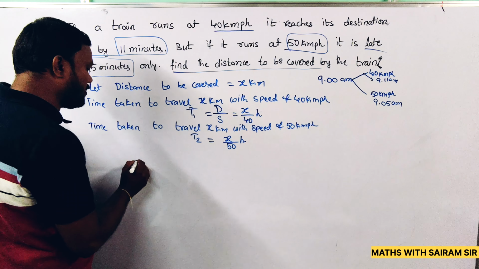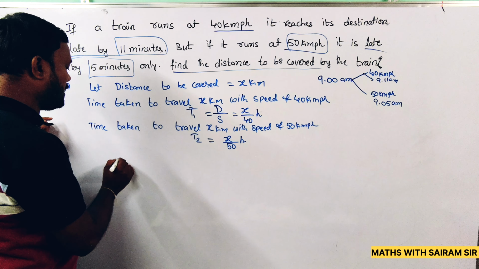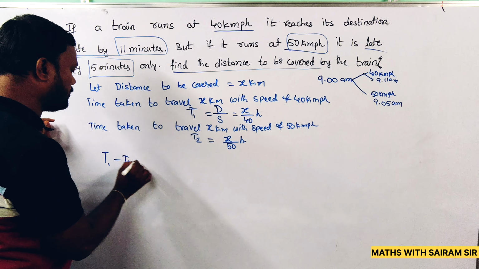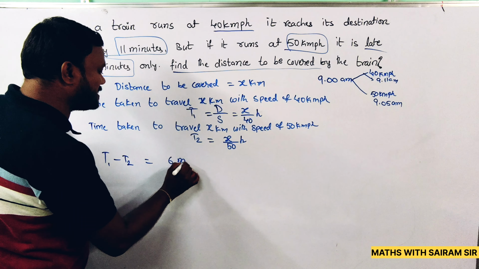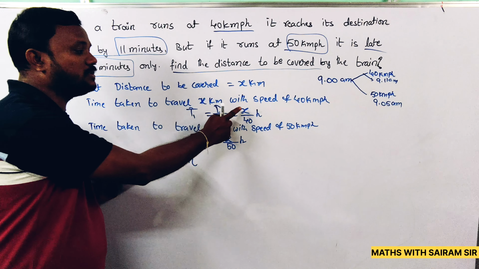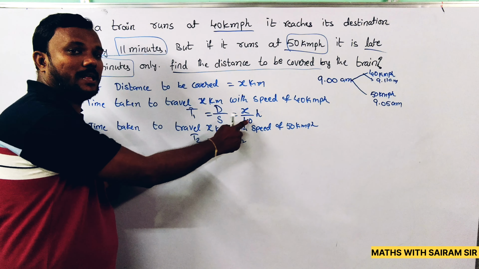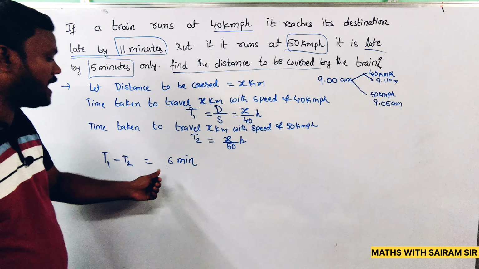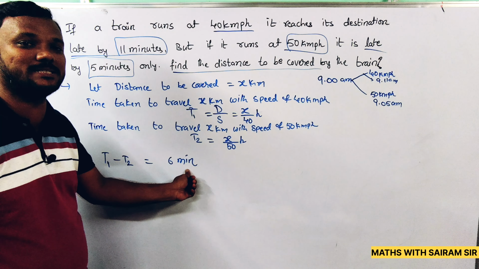So by using this concept, time 1 minus time 2 gives you 6 minutes. Time 1 is x by 40 hours, and time 2 is x by 50 hours, and the difference is 6 minutes.